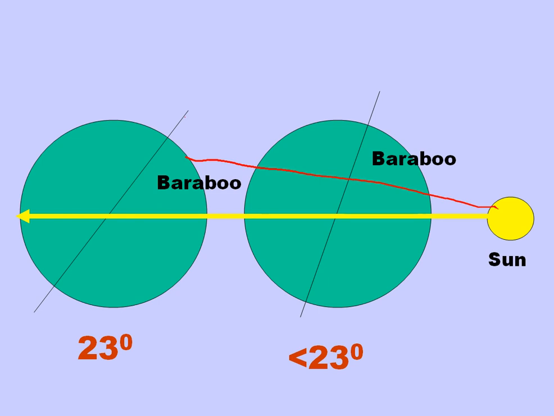But if it's less than 23.5 degrees, in other words, it's moved in this direction, and because we're a little bit further north, we're still going to be getting direct sunlight, but it's going to have to heat up a larger surface area because we're further north. And as a result, it just cools off the planet just enough.